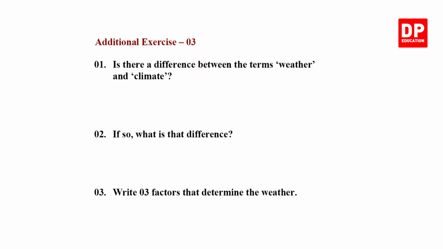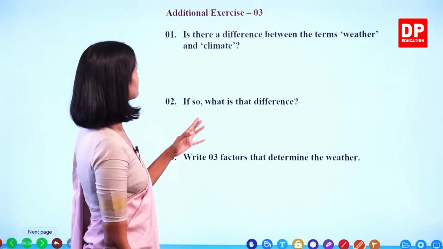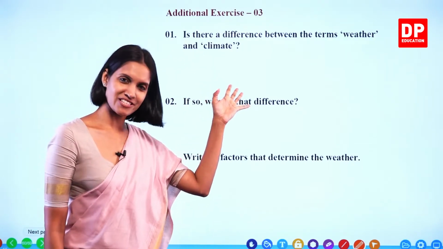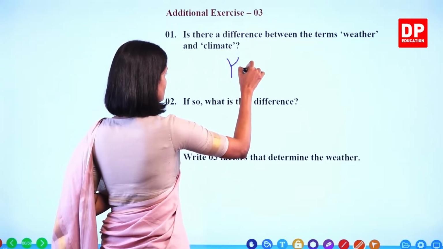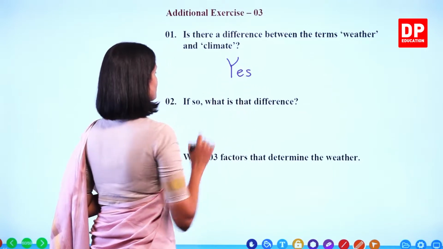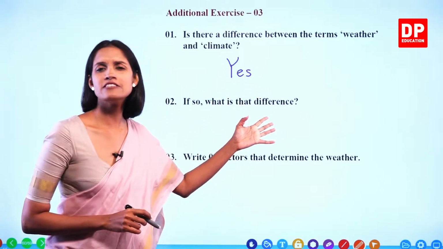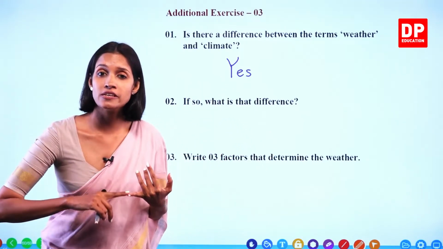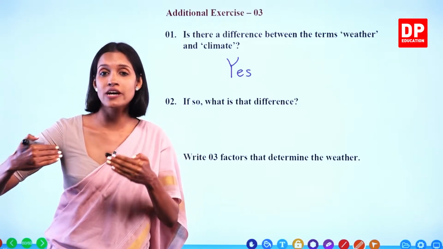Okay. Exercise number 3. We have to write the answers for these 3 questions. Is there a difference between the terms weather and climate? Yes, there is. If so, what is that difference? What is the difference, children? Now we discussed this many times. When it comes to weather, we discuss the atmospheric conditions within a short time period.